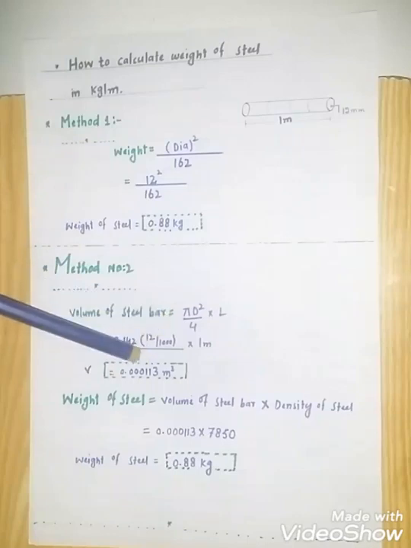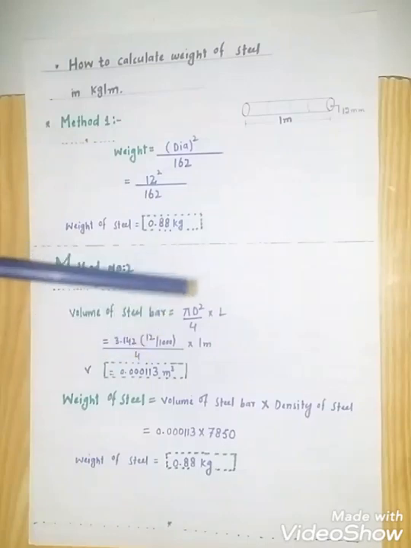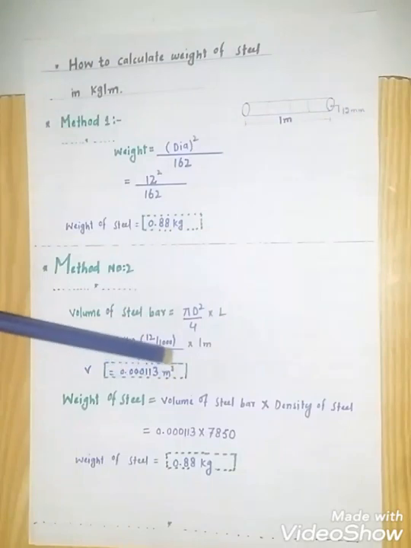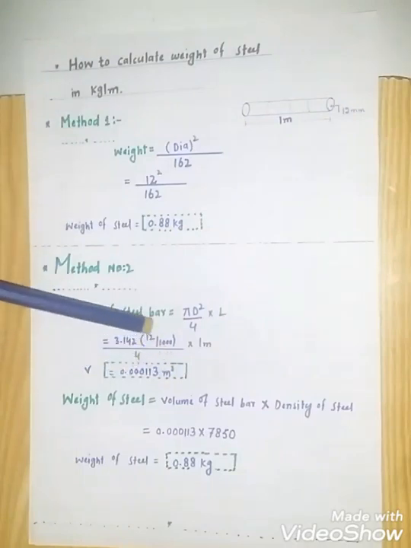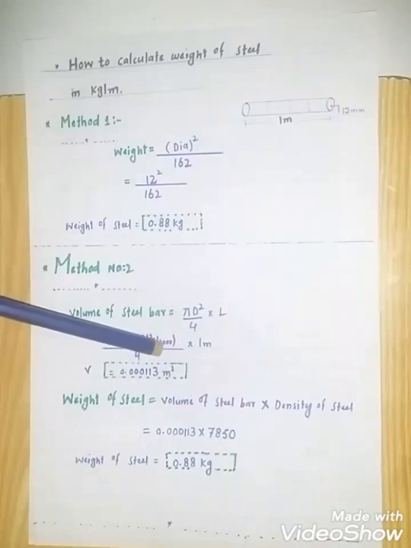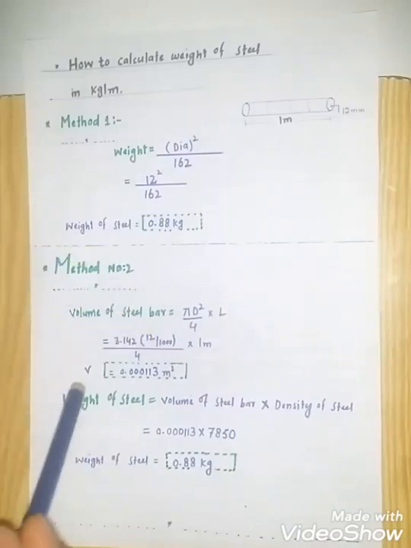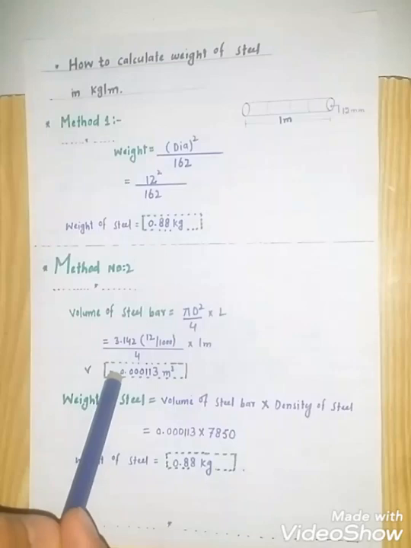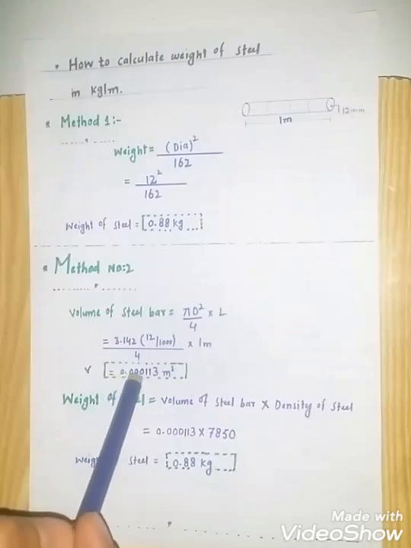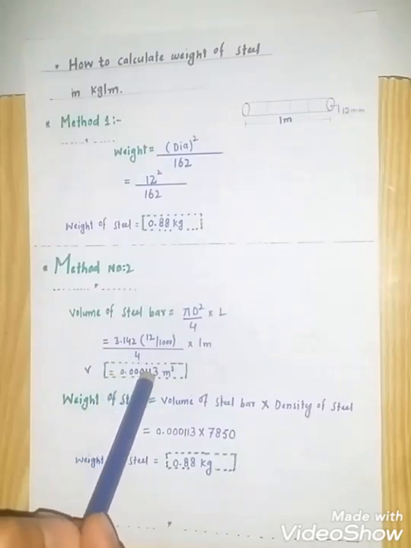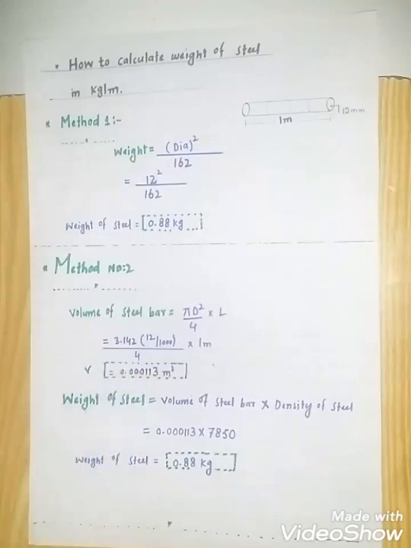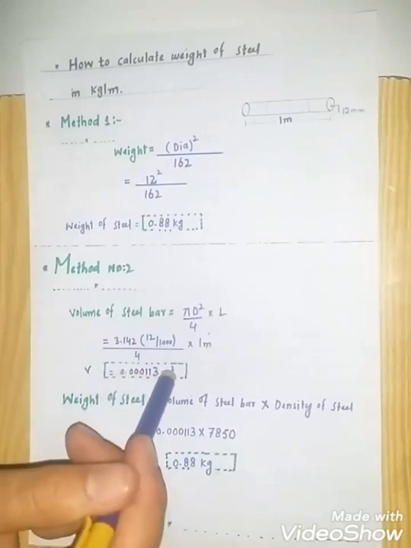In this method, you need to convert this dia bar into meter, because 1 meter is equal to 1000 millimeter. The volume of steel bar is equal to 0.000113 cubic meter.